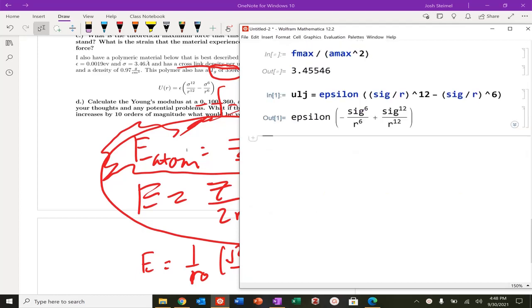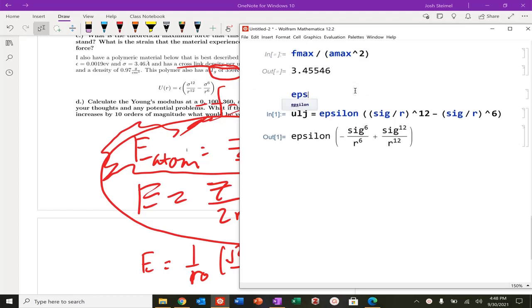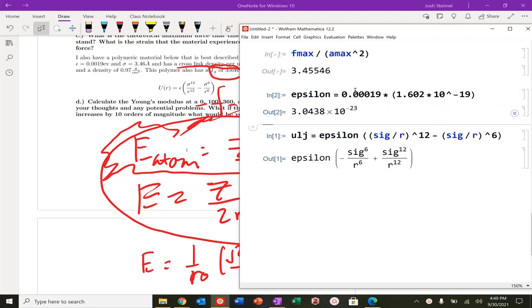And so now I need to figure out my R naught. So we're given epsilon. Actually, let's go ahead and define it up here. So my epsilon is equal to 0.00019 eV times 0.602 times 10 to the minus 19. So that's going to give me my joules.